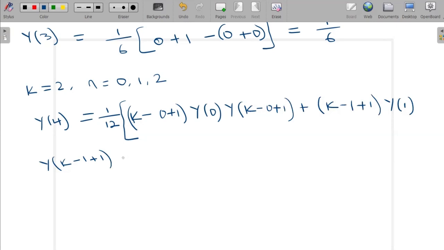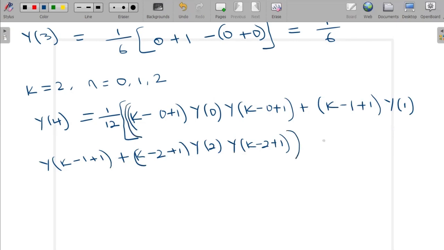Then also when n is 2, k minus 2 plus 1, y of 2, y of k minus 2 plus 1, bracket closed here.